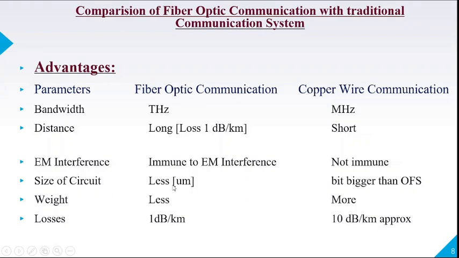Size of circuit is very small, and in traditional communication systems it is a bit bigger than the optical fiber system. Weight is very low, here weight is more. And losses, as we know, losses in optical fiber communication system are 1 dB per kilometer, and here it is 10 dB per kilometer. It is 10 times more than the optical fiber communication system.